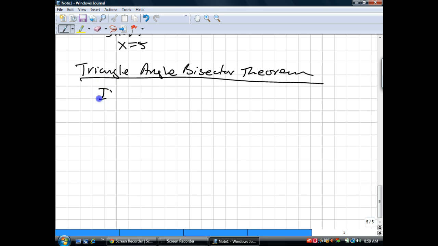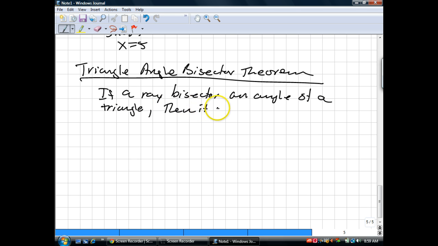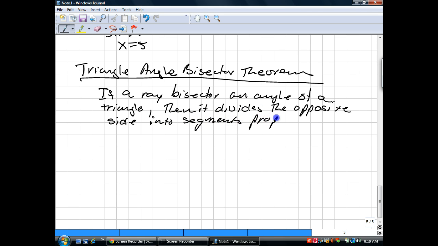And it says, if a ray bisects an angle of a triangle, then it divides the opposite side into segments proportional to the other two sides.